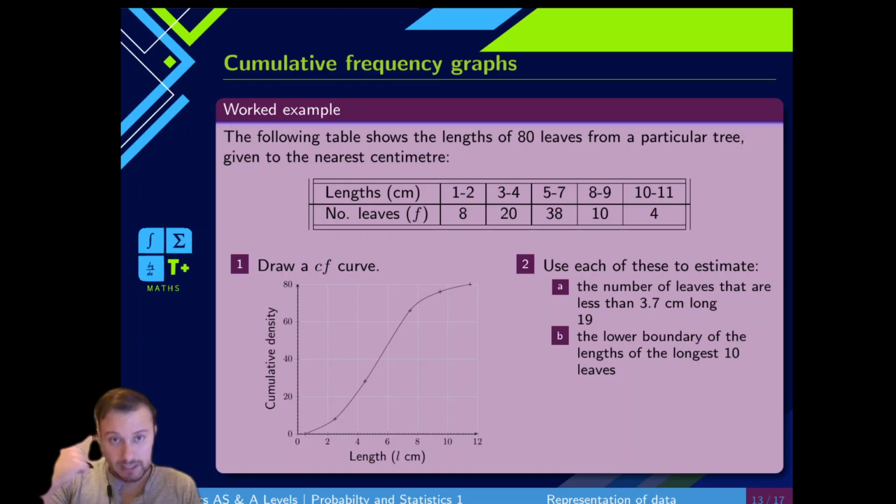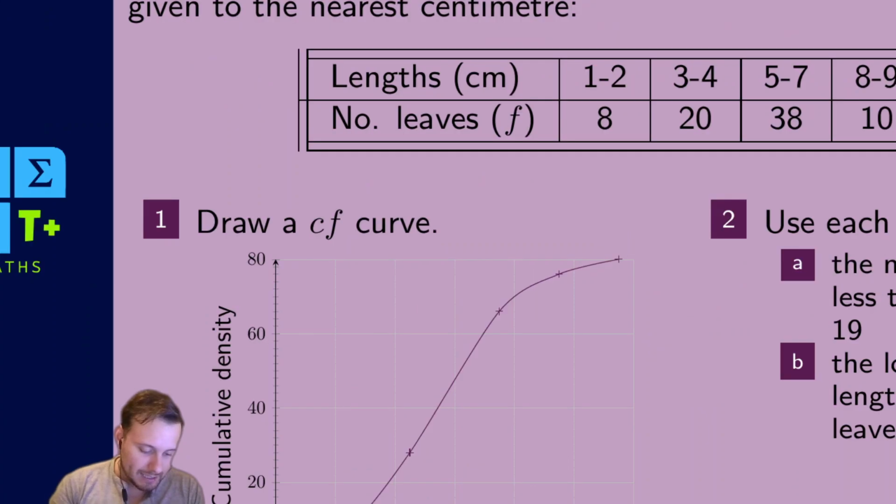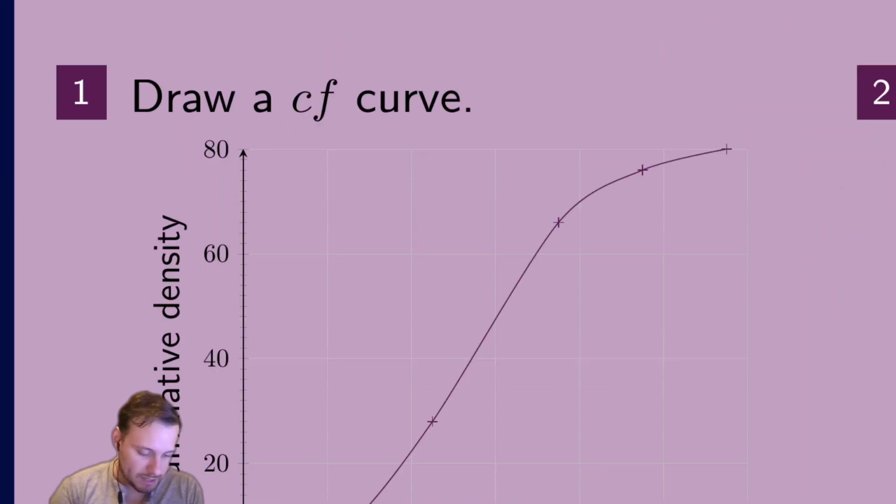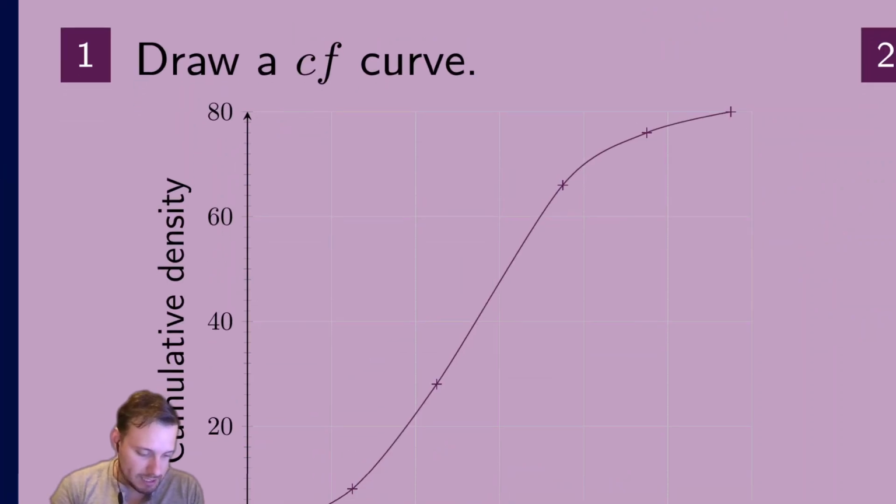If we're working with the longest 10, that means that we have a cumulative frequency up to 70. So let's see where we would find the 70 here in the diagram. Here we have 60 and 80. We have 2, 4, 6, 8, 10.